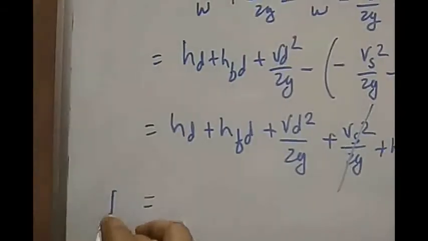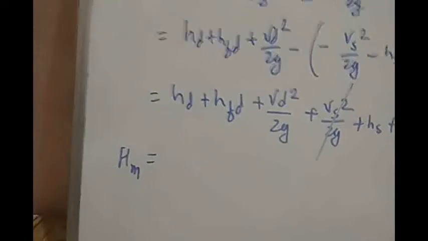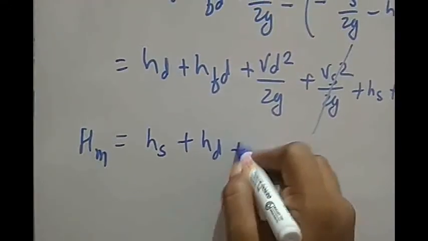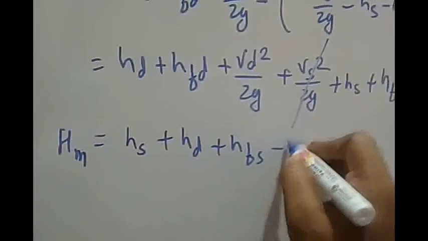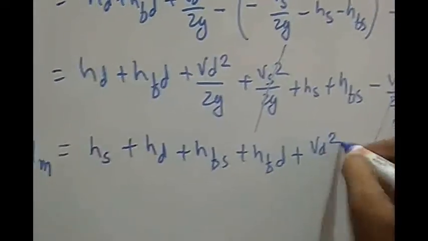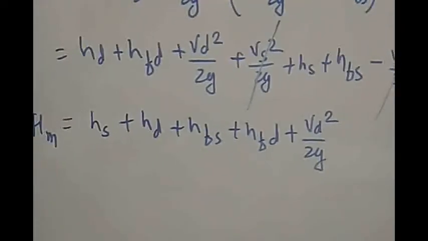These two will get cancelled. Finally, I'll get the equation for Hm as Hs plus Hd plus Hfs plus Hfd plus Vd square by 2g.